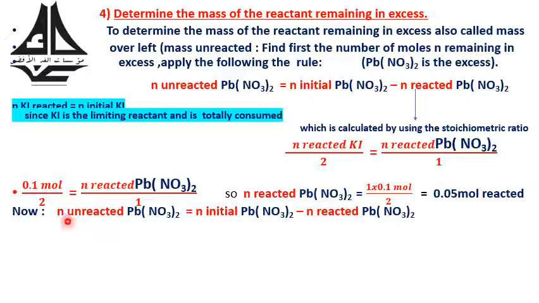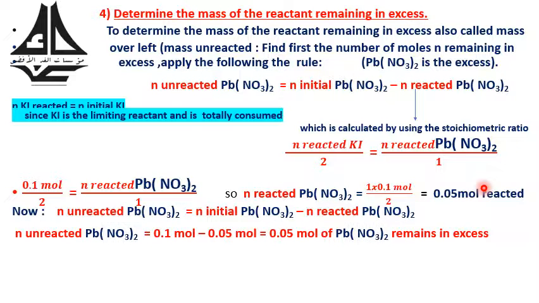Now, we can find the number of mole unreacted of Pb(NO3)2. It's equal to the number of mole initial of Pb(NO3)2 minus the number of mole reacted of Pb(NO3)2. It's equal to 0.1 mole, which is the initial number of mole of Pb(NO3)2, which didn't react completely, only part of it has reacted, minus the reacted part, 0.05 mole, which we have just calculated by using the stoichiometric ratio.